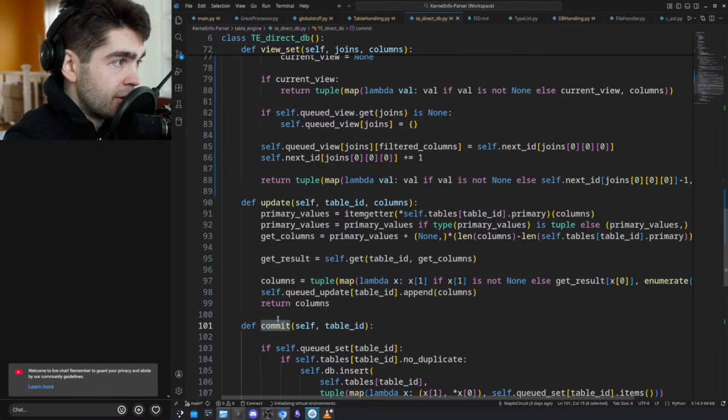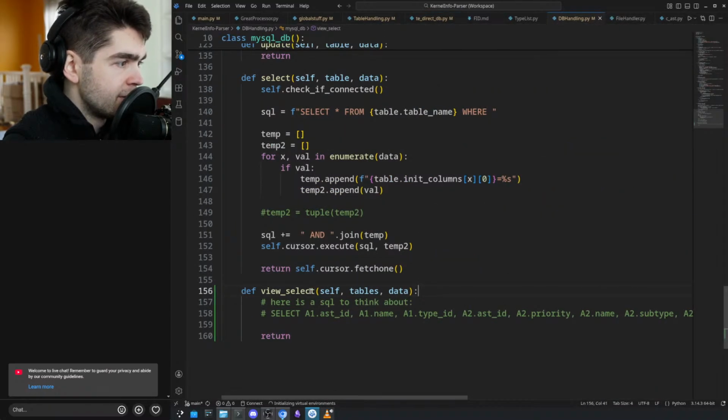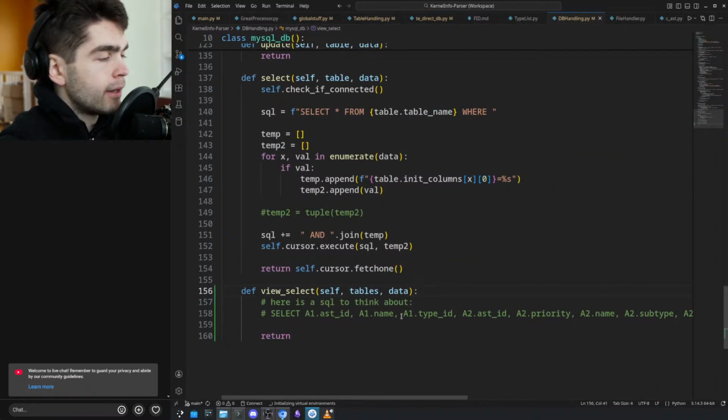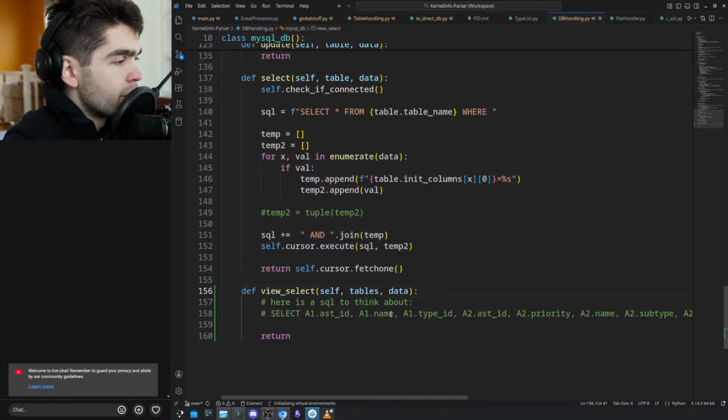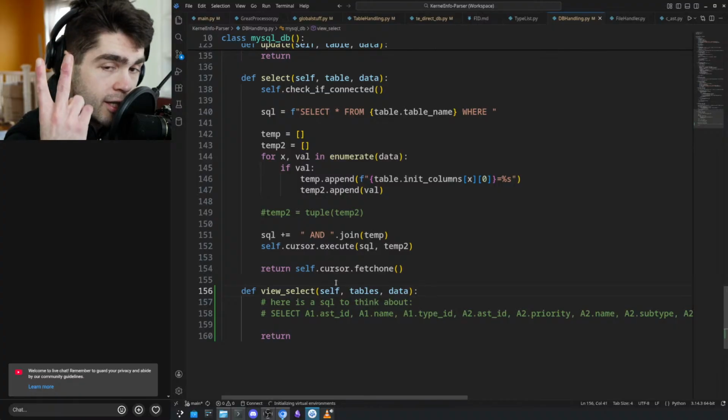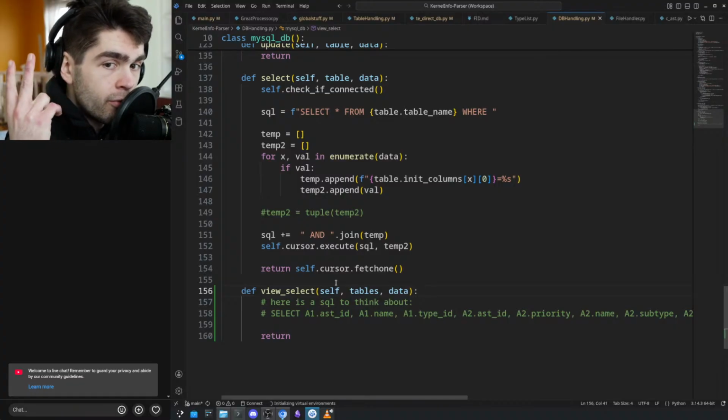The commit side of things was not implemented yet, and the DB side of things not implemented yet. So let's get started with the DB side of things. The DB side needs two things. It needs a select and an insert for our views.